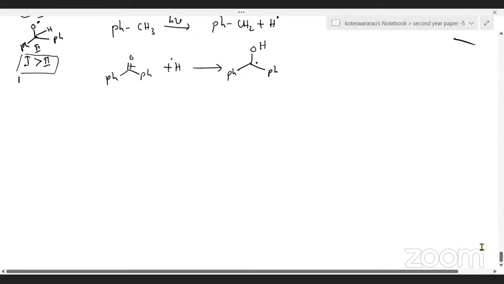Now, this radical, a Ph2C radical with OH attached, is generated.